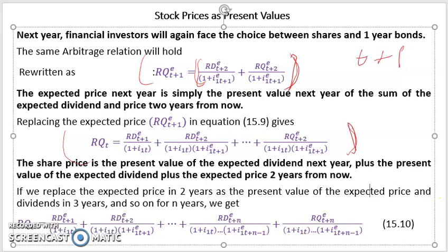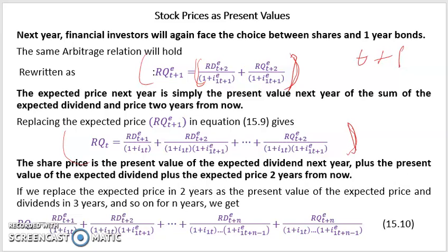So this now tells us that the share price is the present value of the expected dividend next year, shown by this, plus the present value of the expected dividend 2 years from now, plus the expected price 2 years from now.